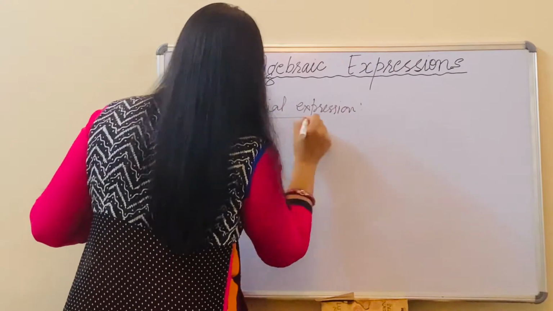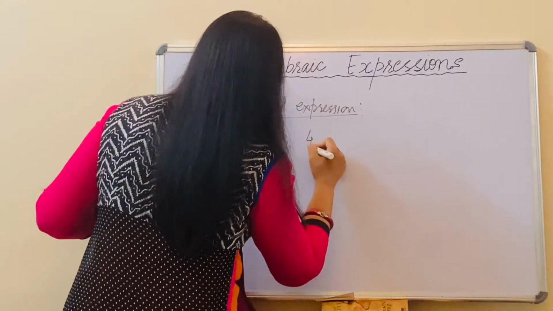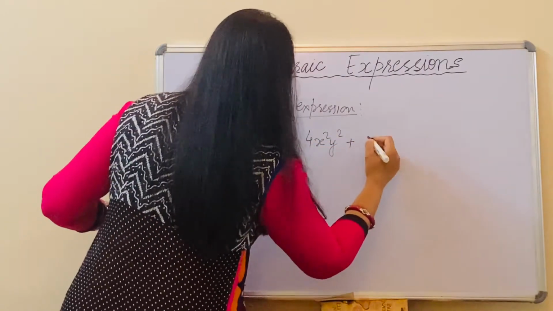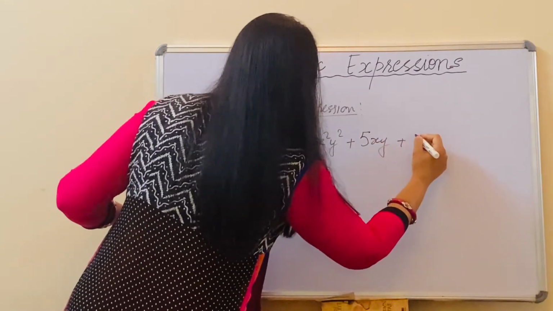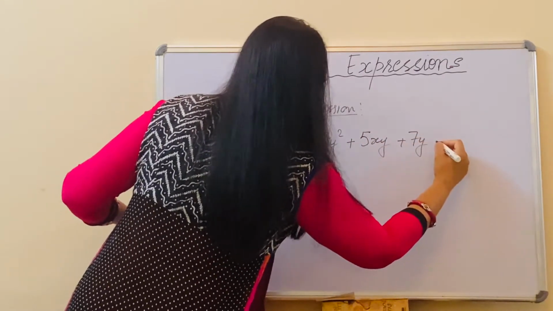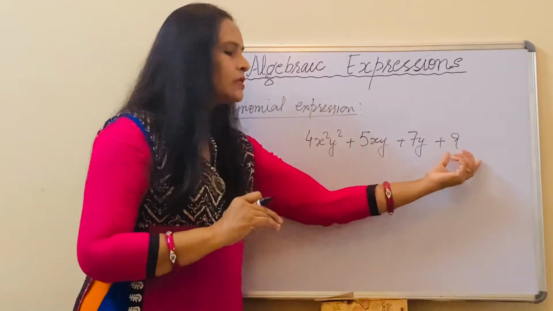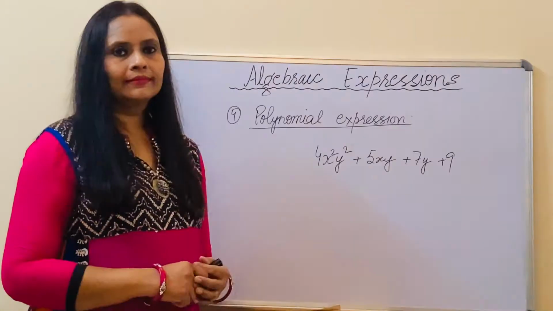For example, I am writing it as 4x square y square plus 5xy plus 7y plus 9. It is having 4 terms, so this is a polynomial expression.